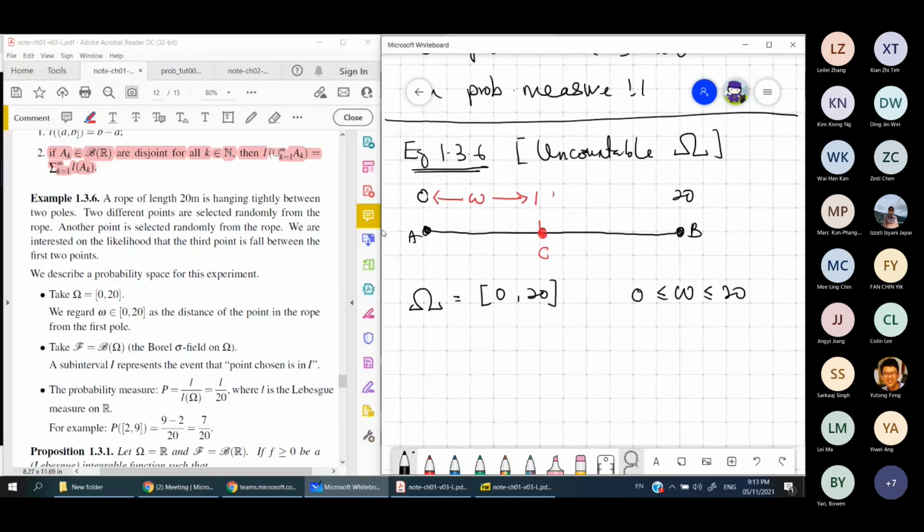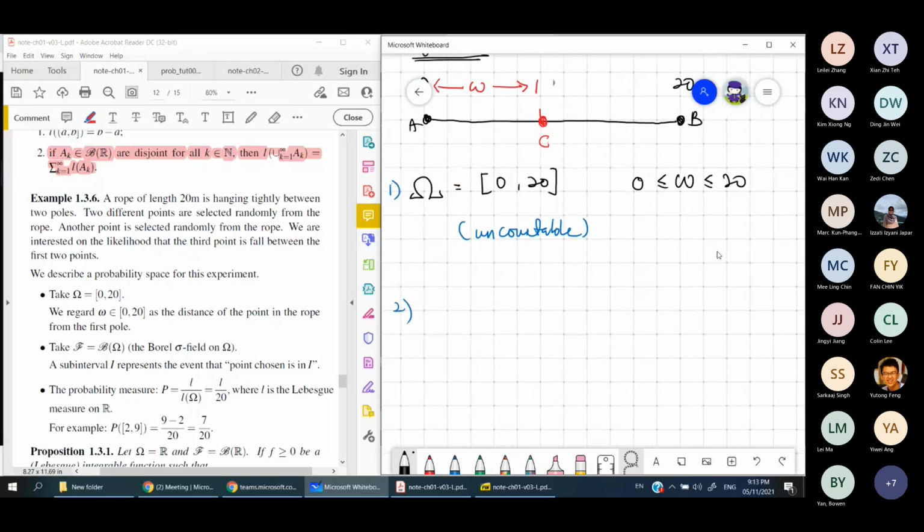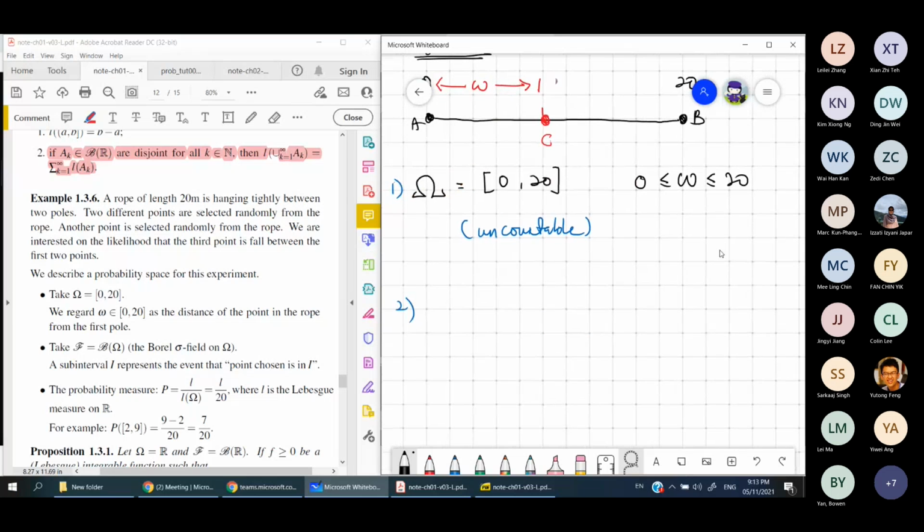So you can see omega is uncountable, or this is a subset of R. So in this case, we can take our F to be B omega, the Borel sigma field on this closed interval 0 to 20.